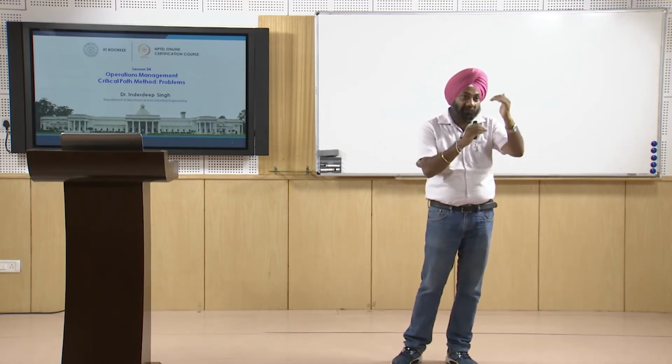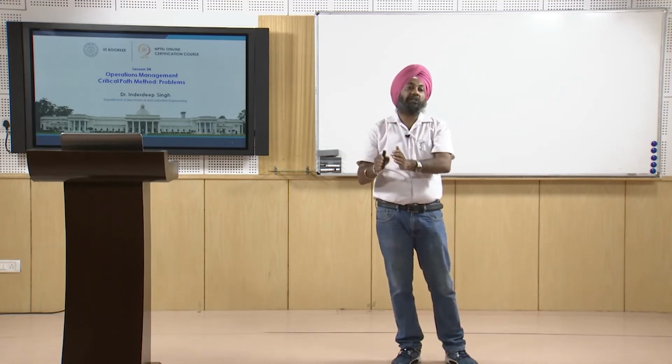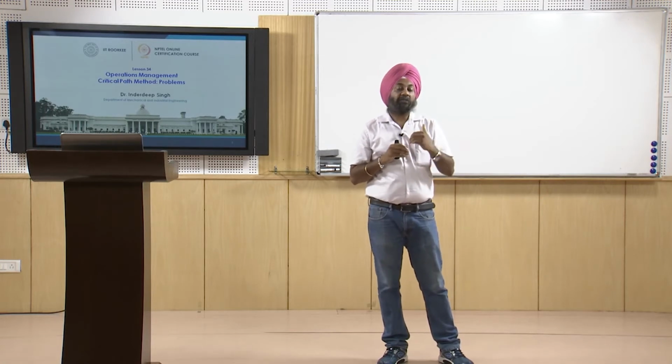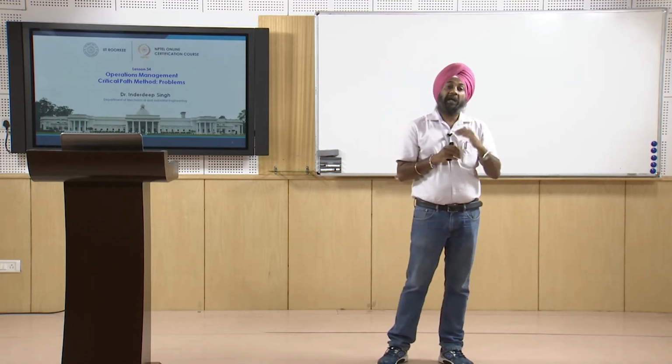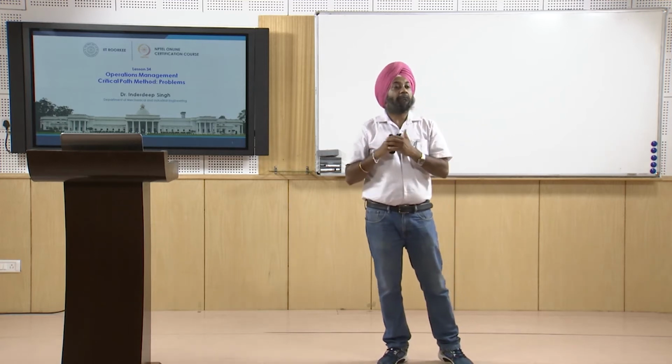So that is the way we have the activities and a description of the activities. Then we have the precedence relationship among the activities, that a few activities definitely have some predecessor which has to be completed before this particular activity may start.